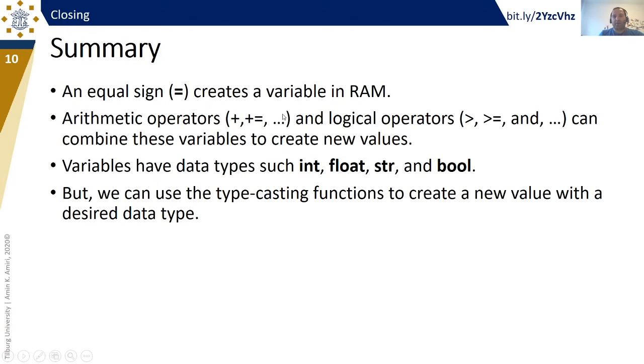Arithmetic operators like plus and plus equal to, and logical operators like greater than or greater than or equal to, can combine the variables to create new variables. We also learned that variables have data types such as int, float, str, and bool. But we can use the typecasting functions int, float, and str to create a new value with a desired data type.